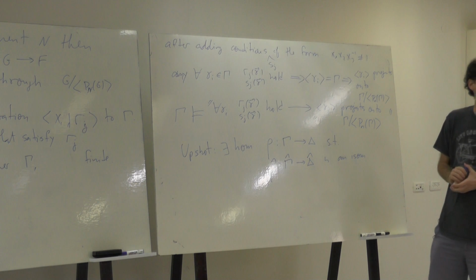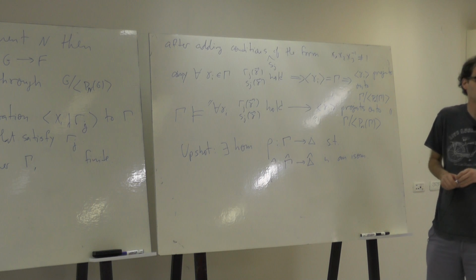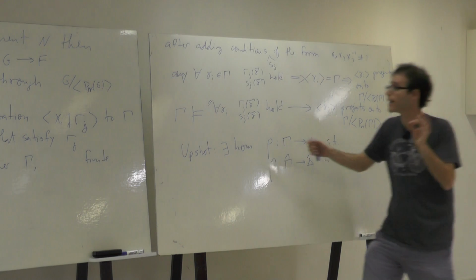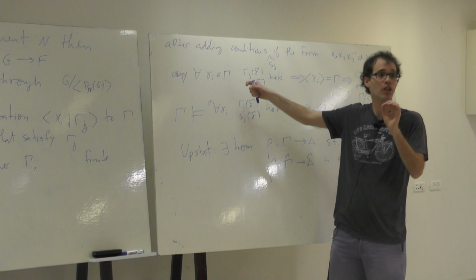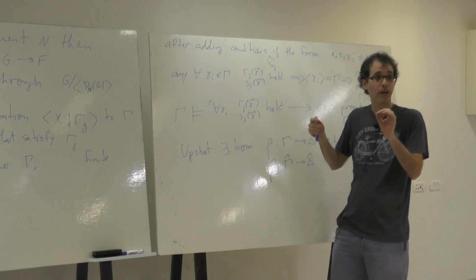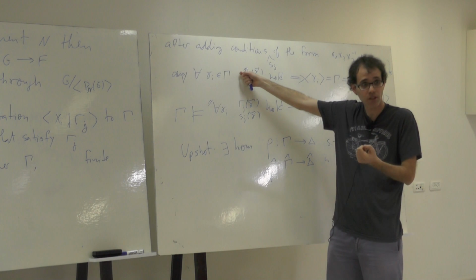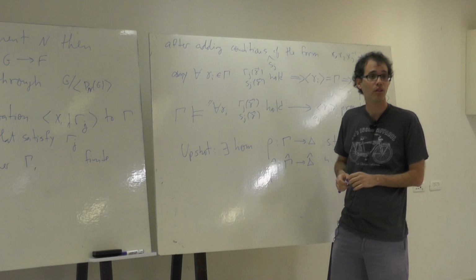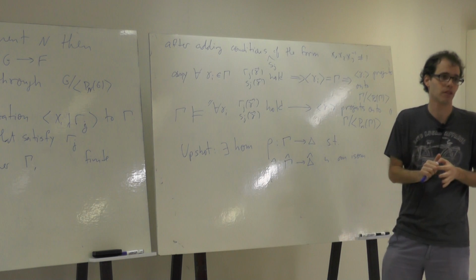What? Some generators of delta? No, these are not generators of delta. These are elements in delta that satisfy the relations of gamma. Right. Since they satisfy this relation, I define a homomorphism. Is gamma finitely presented? Yes, gamma is finitely presented.